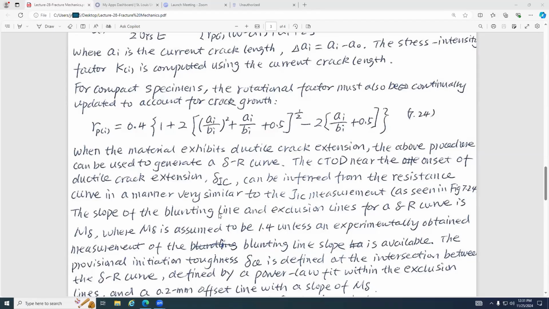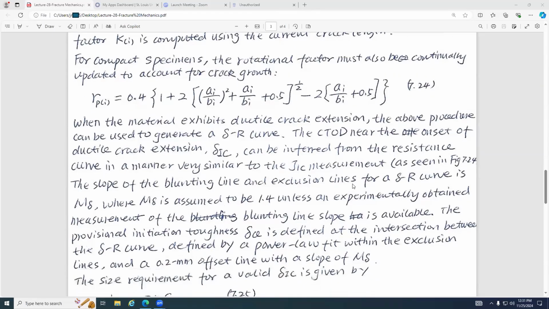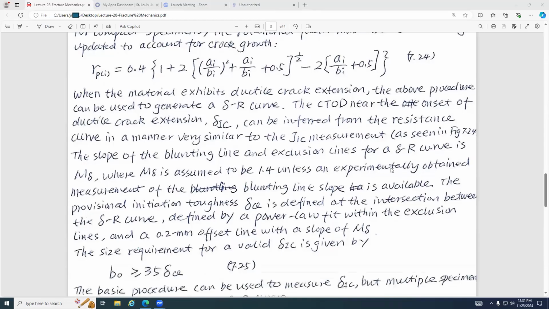The slope of the blunting line and exclusion lines for the delta R curve we call M, where M is assumed to be 1.4 unless an experimentally obtained measurement of the blunting line slope is available. So you can just assume this equals 1.4 if you do not have your own experimental measurement.